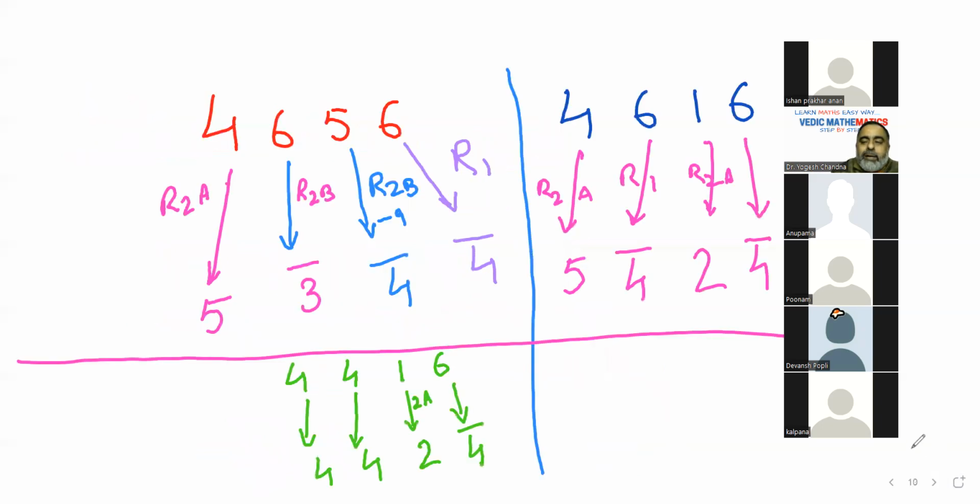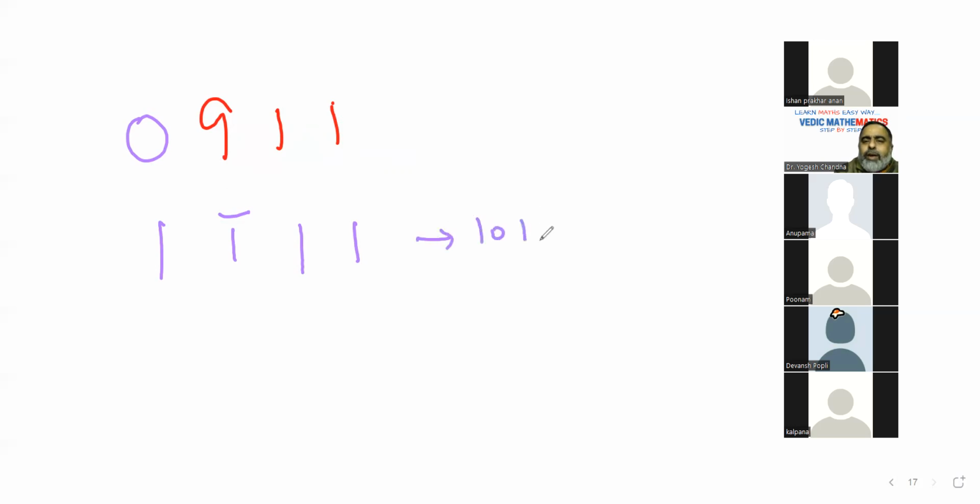One more example. 9, 1, 1. So first thing, rule number 3 applied, 0. 1 as it is, 1 as it is, 1 bar, 1. So what is this? 1011 minus 100, 911.